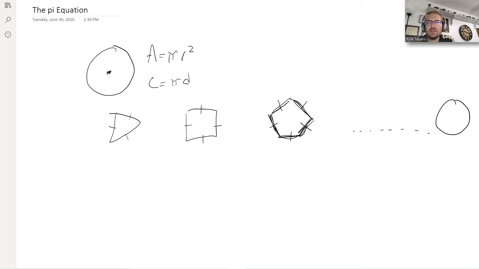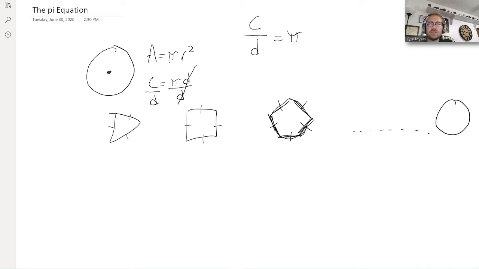So what we would do is we would say, okay, well, we can either try to write the circumference and the diameter, or the area and the radius. I think I ended up doing the area and the radius, but I think it might be easier to do circumference and diameter. So what I'm thinking here is, if I divide both sides by d, then the circumference divided by the diameter equals pi. Okay.